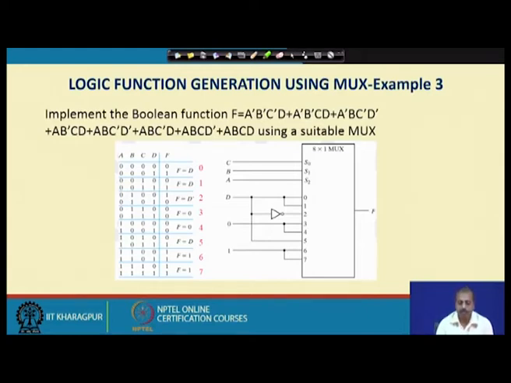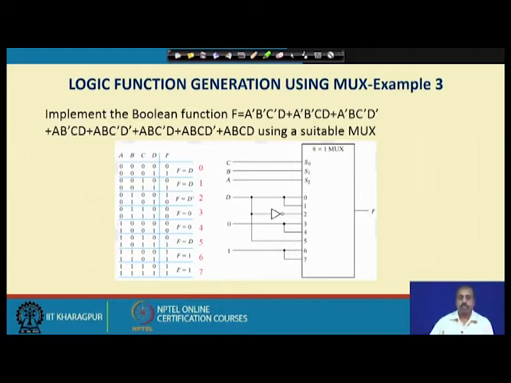We apply A B C to the select lines of the 8:1 multiplexer, and then divide the truth table into regions of similar values of A B C. In the first part A B C values are 0 0 0, and the second part is 0 0 1, like that. If you look into the corresponding function f, for the first part f equal to d, second part also f equal to d, third part f equal to d dash, then f equal to 0.